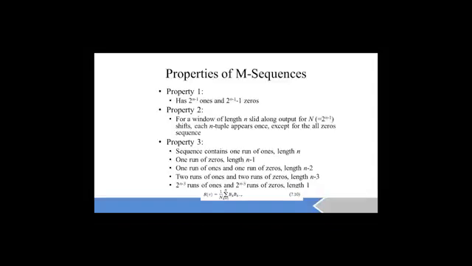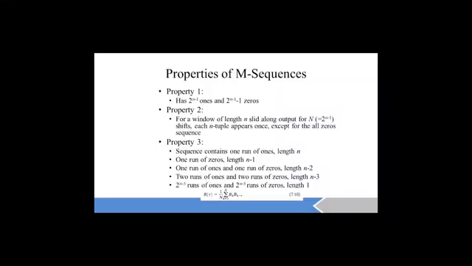Property number 2: if we slide a window of length n along the output sequence of N shifts, where N is equal to 2 raised to power n minus 1, each n-tuple except the all zeros sequence appears exactly once.